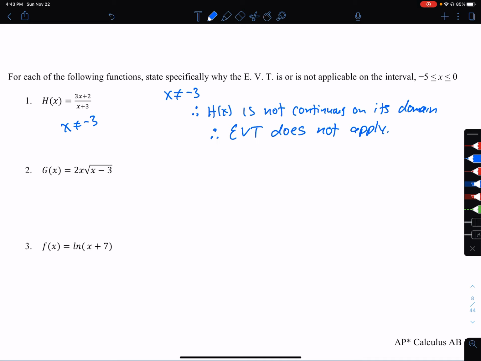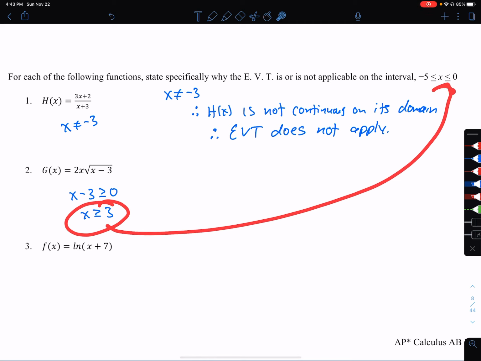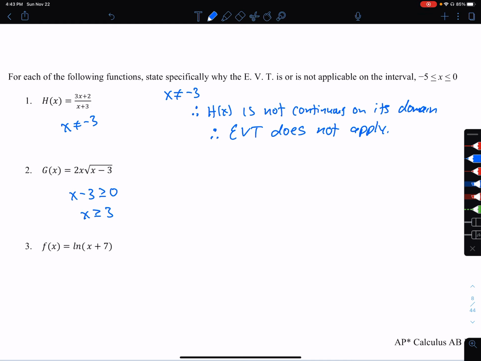How about number 2? Well, what's the domain of this? If you remember from pre-calculus, an even root has to be greater than or equal to 0. So if x minus 3 has to be greater than or equal to 0, that means x has to be greater than or equal to 3. This graph only exists when x is 3 or bigger, and this interval is to the left of that. So the extreme value theorem does not apply here either.